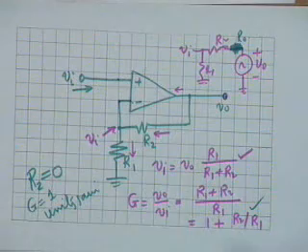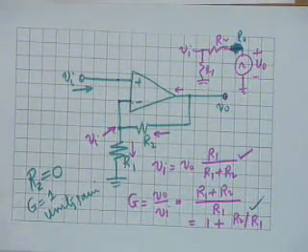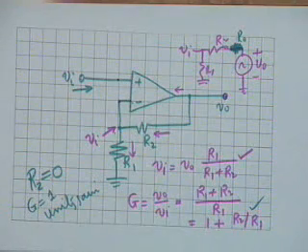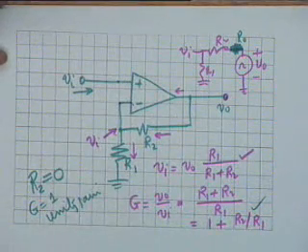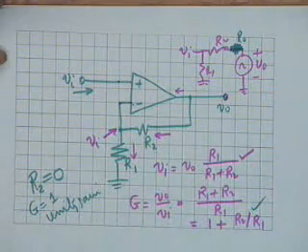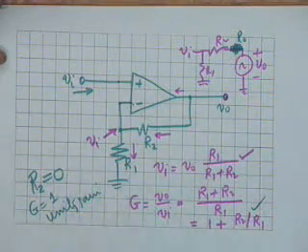The question is, is it possible to have a gain less than 1? The answer is yes or no? Yes. How do you get a gain less than 1? Negative resistance? Oh no. That's a mess. To get a negative resistance, you have to use another 2 or 3 op-amps.